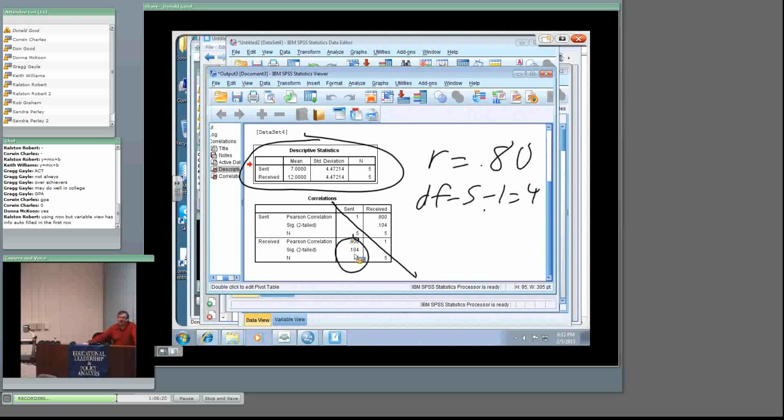This is called the p-value. I wish they just used the letter p there instead of significance. P is equal to 0.104.